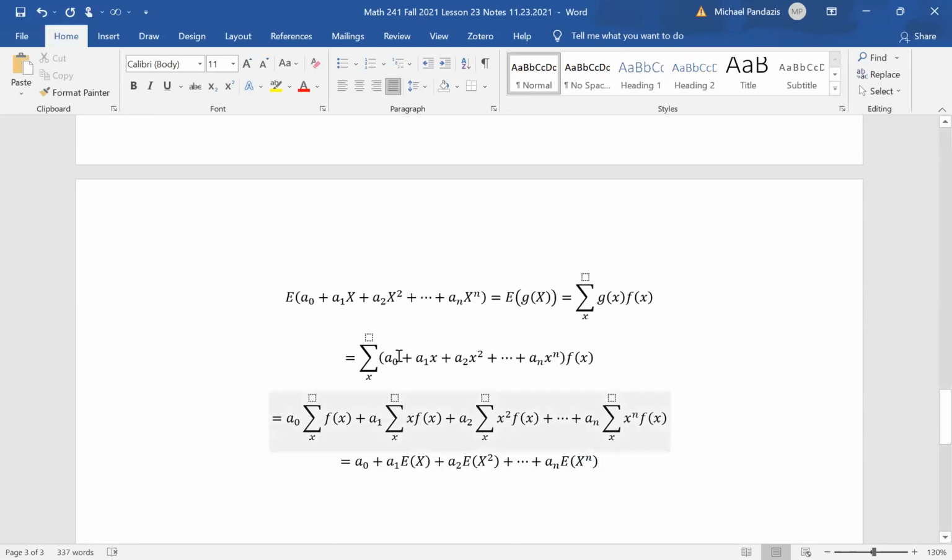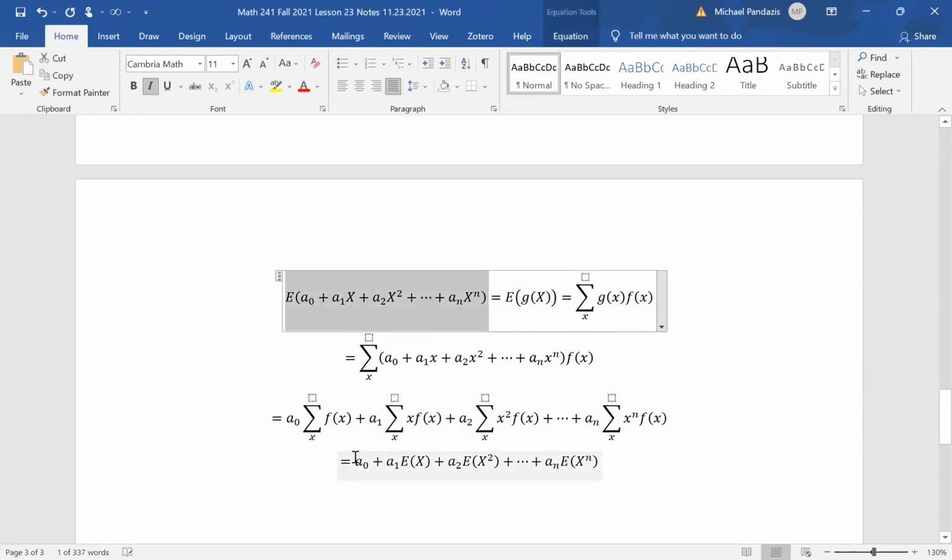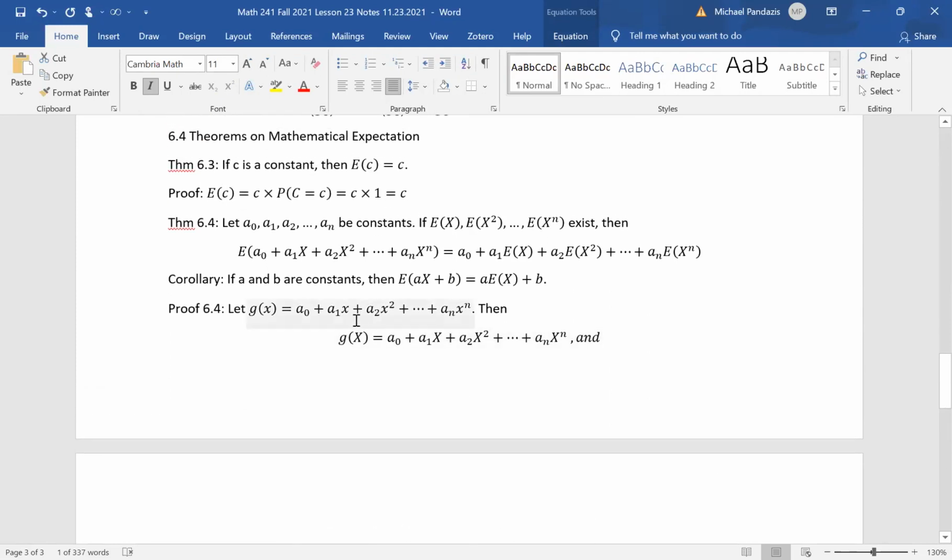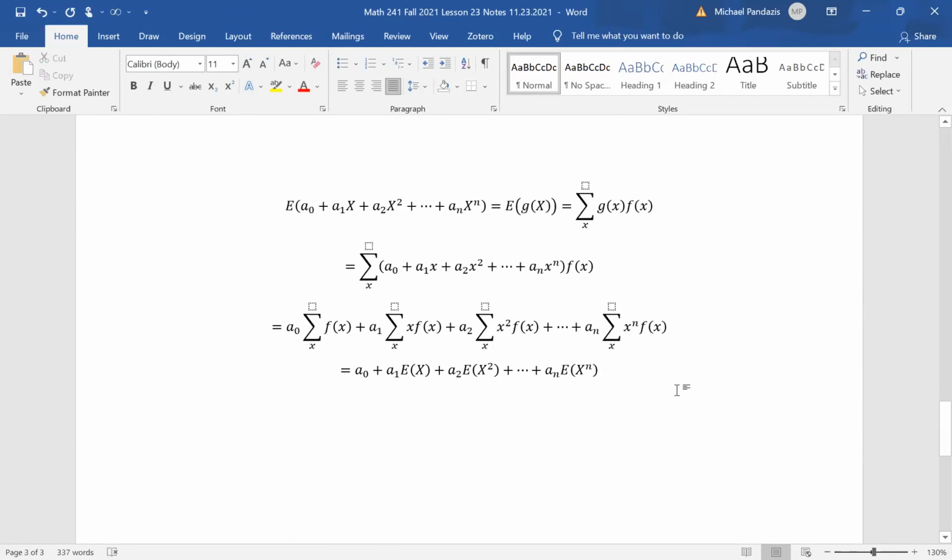And so we just showed that the expected value of this is equal to that sum. That's what we wanted to show, and so we are now done with that.